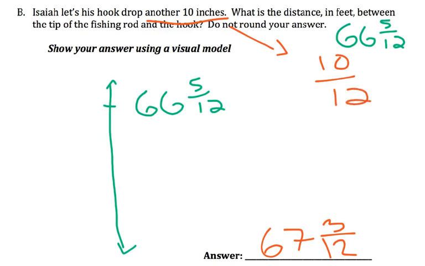And then you're going to add 10/12. To make it easier for you, you can add 66 and 5/12 plus 7/12, and it'll get you 67. And then you'll add the rest of it, which is 3/12, and it'll get you 67 and 3/12.